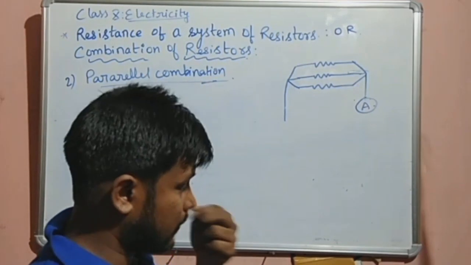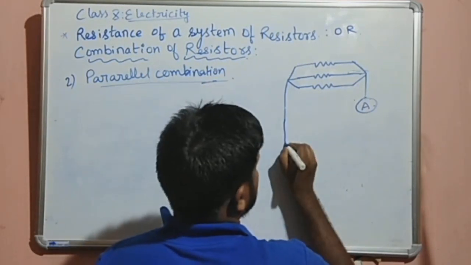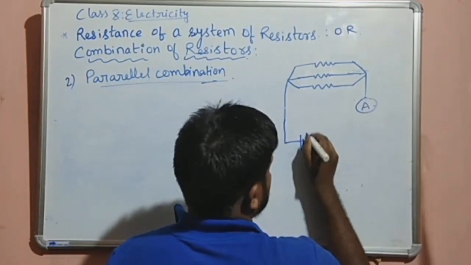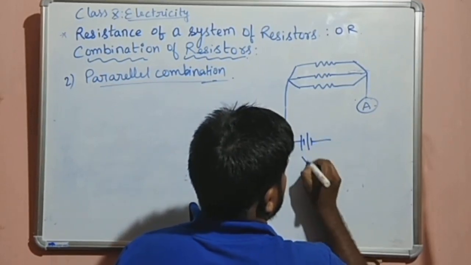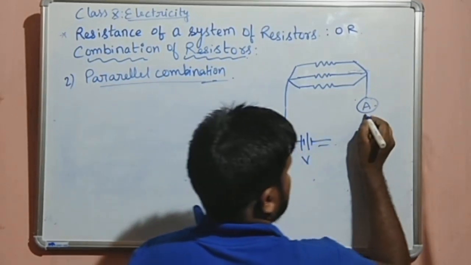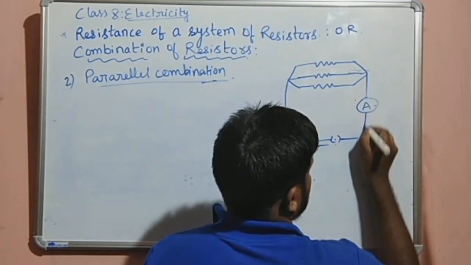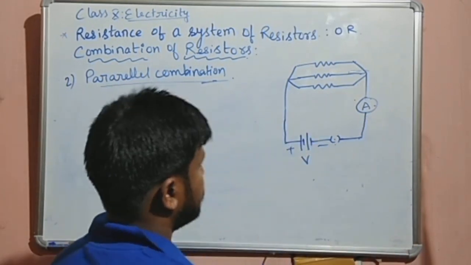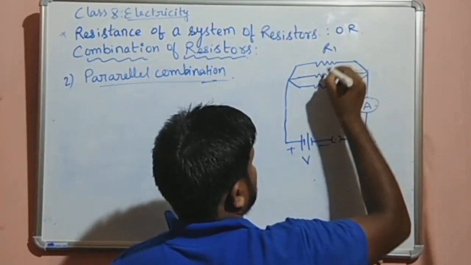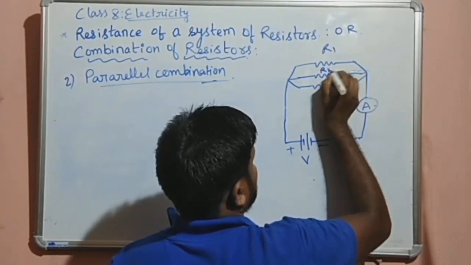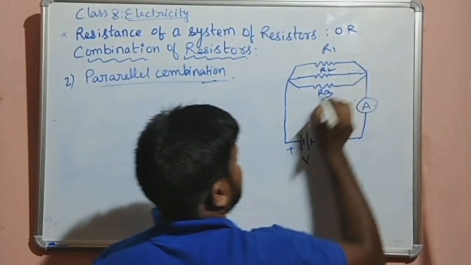It will measure the total current flowing in the circuit. Then a battery of V volt, then a key or switch, and then the circuit is complete. Here it is R1, here R2, here R3.